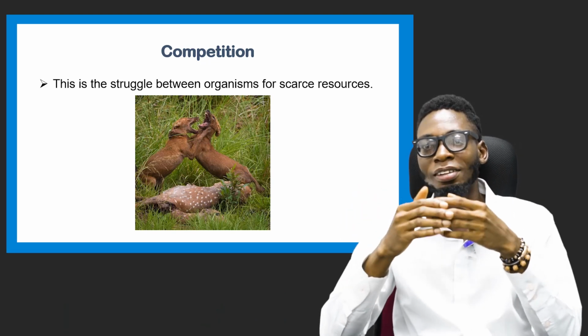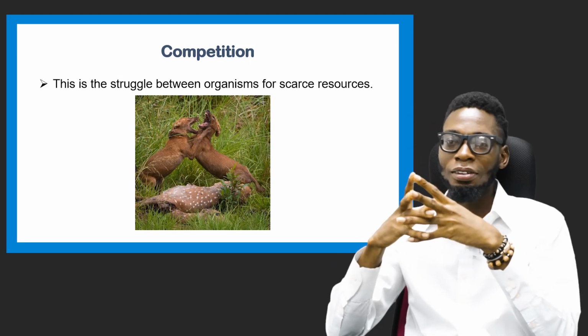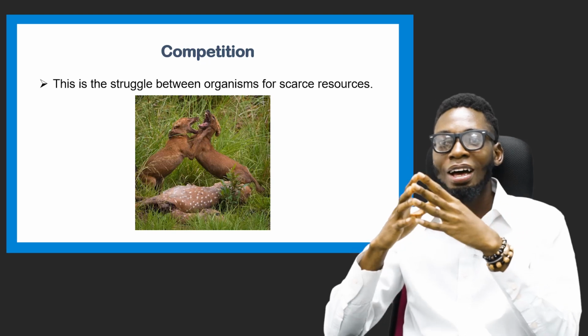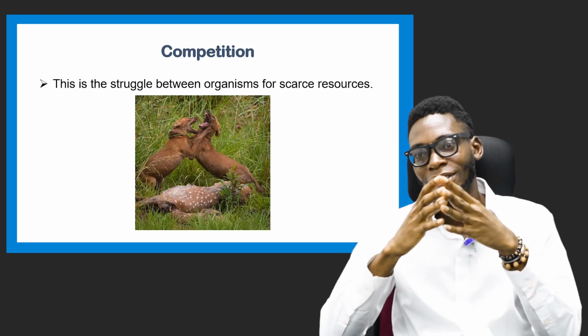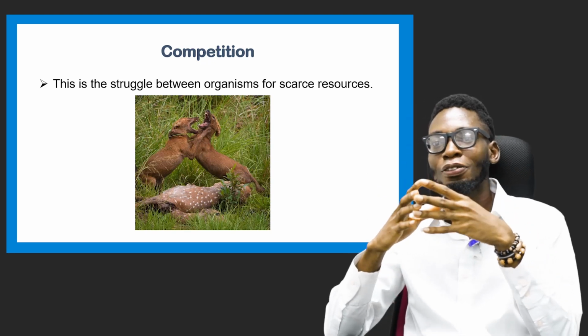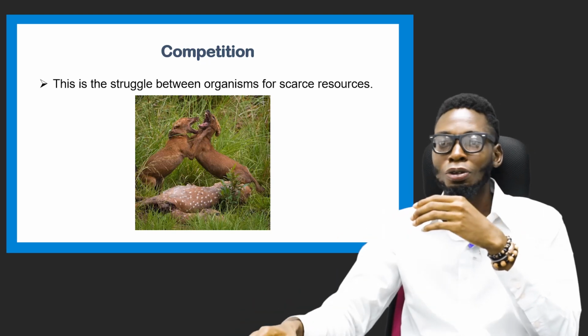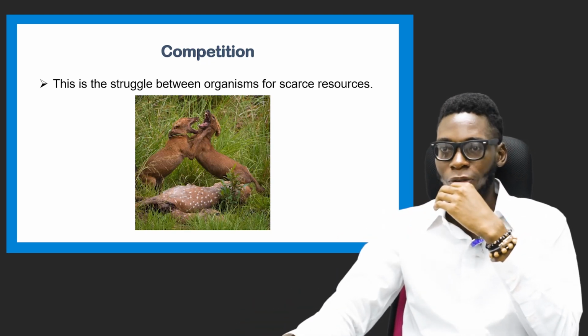Since resources are scarce, living things need to struggle for them. If you look, you can see that the two dogs are fighting for the dead organism. They are fighting for food. If the food was in abundance, they would not struggle. They would not fight among themselves.